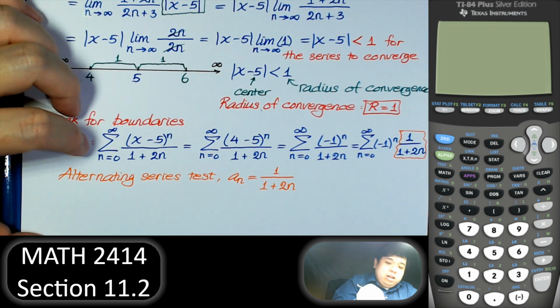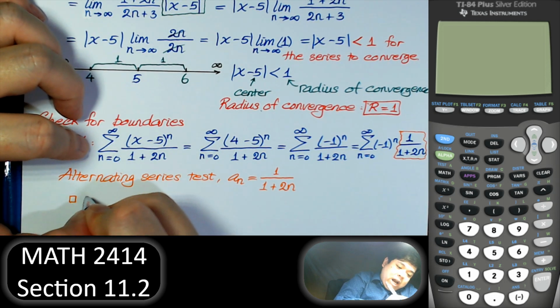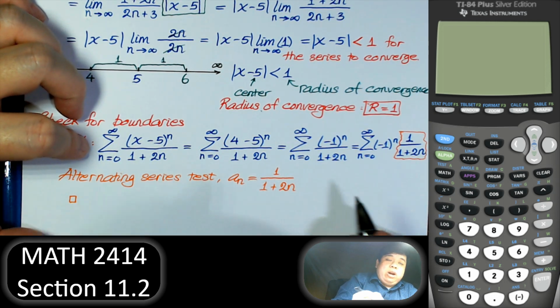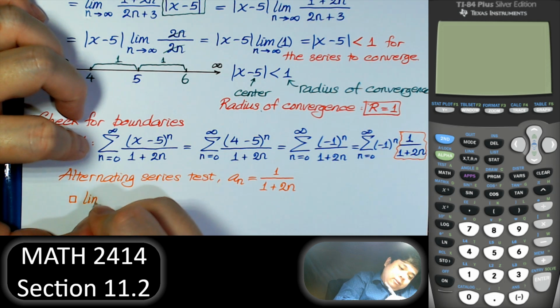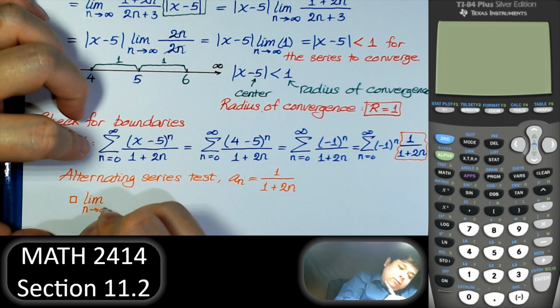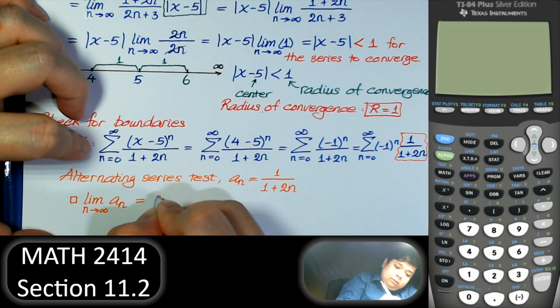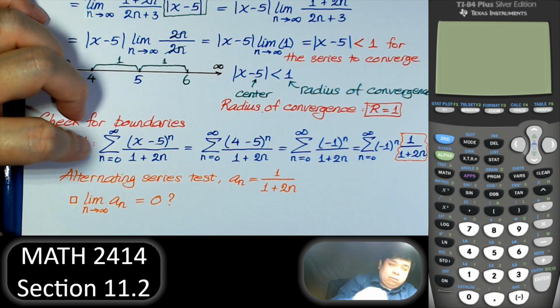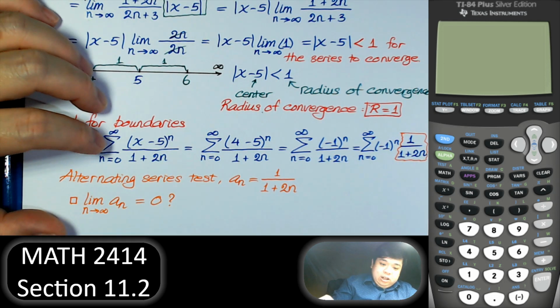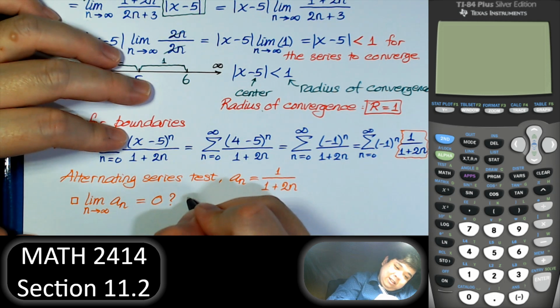In the alternating series test, we test two things. First, what happens to the limit of a sub n when n goes to infinity. This is easy.